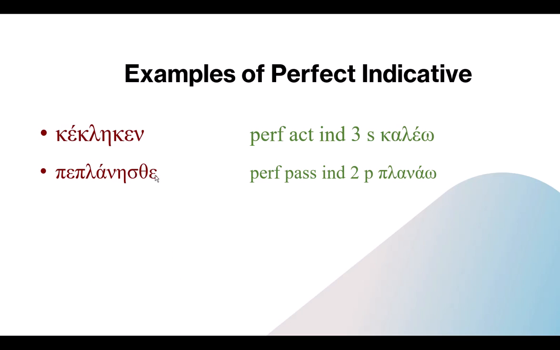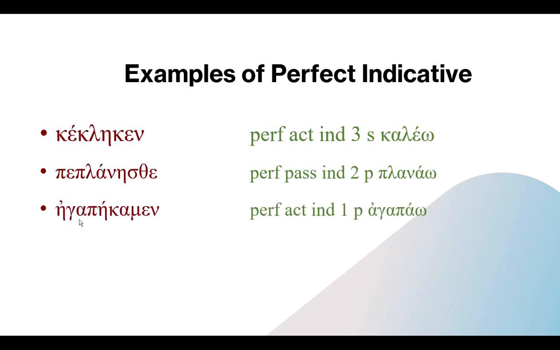No tense formative, no connecting vowels. So just peplanesthe. And the meaning here would be passive, so that would be you plural were deceived. The first one here is perfect active indicative, so that would be he has called. He, she, it has called.